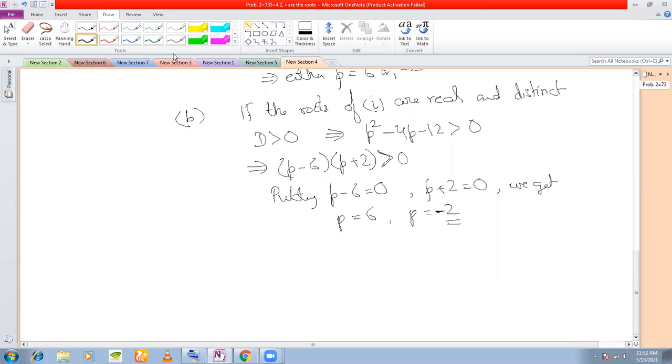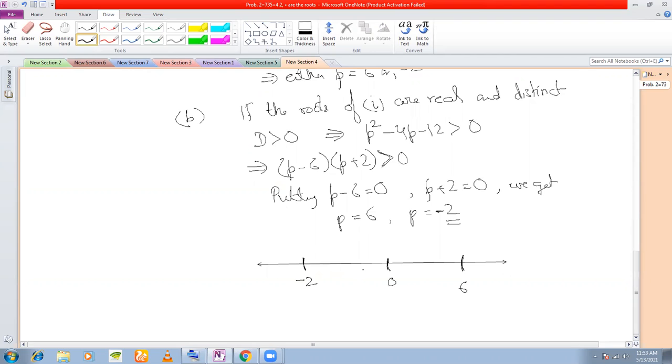That means now if you see it on your real number line, you have minus 2 here, and you have a plus 6 somewhere over here, and say you have a 0 over here.